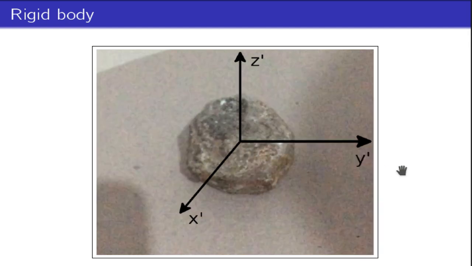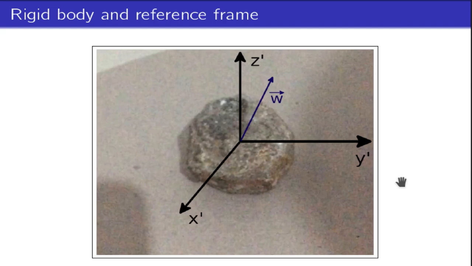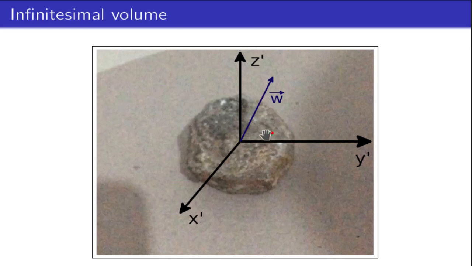For a while, let us not consider the applied force and try to understand the situation by considering rotations. Now let us consider an angular velocity omega and an infinitesimal volume on the rigid body.